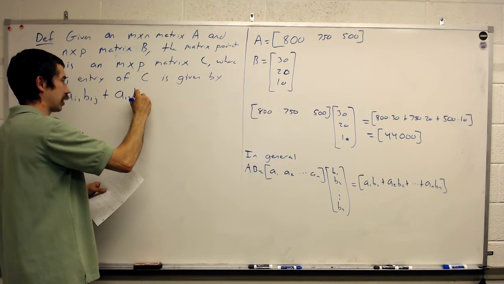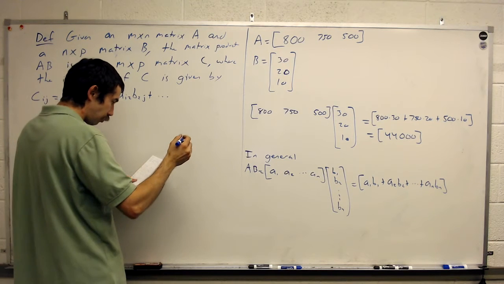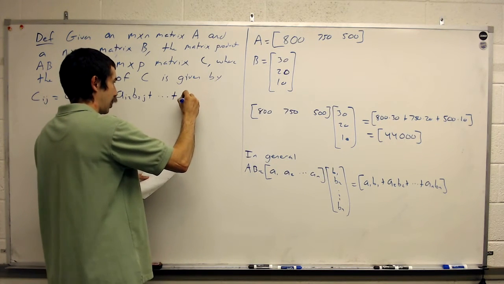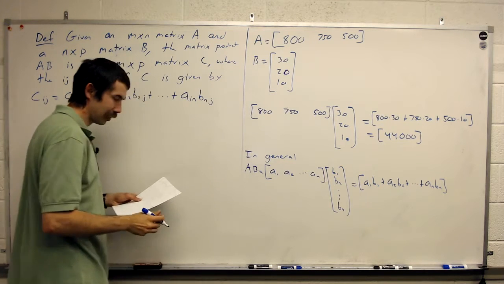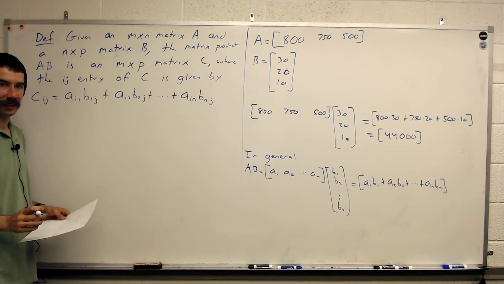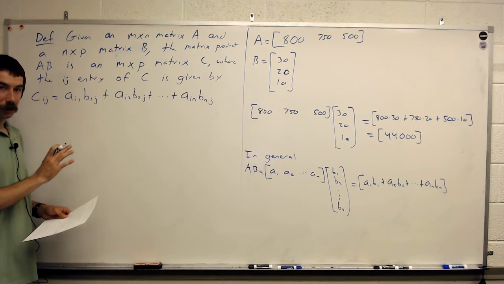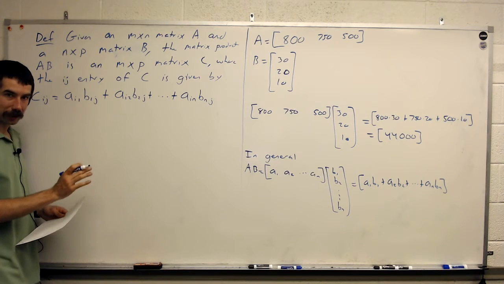Ai2 B2j plus dot dot dot plus Ain Bnj. Okay, I know this looks intimidating. I'm going to draw out the matrices so we can see how it works, and then we'll do examples.